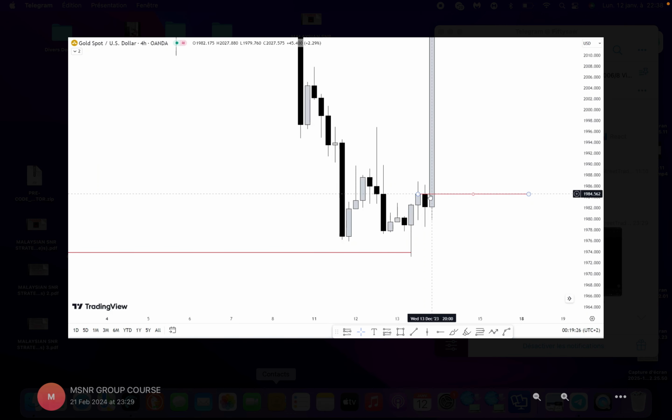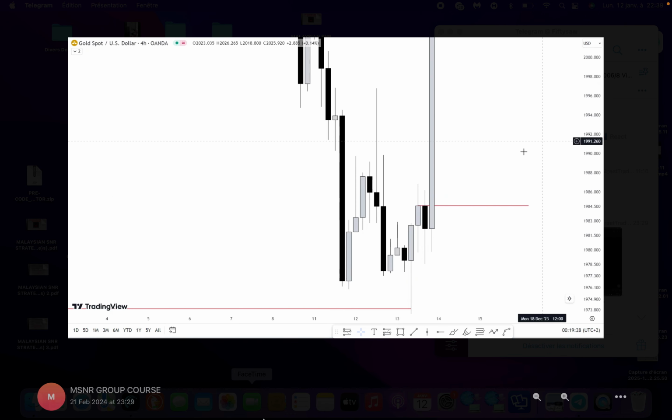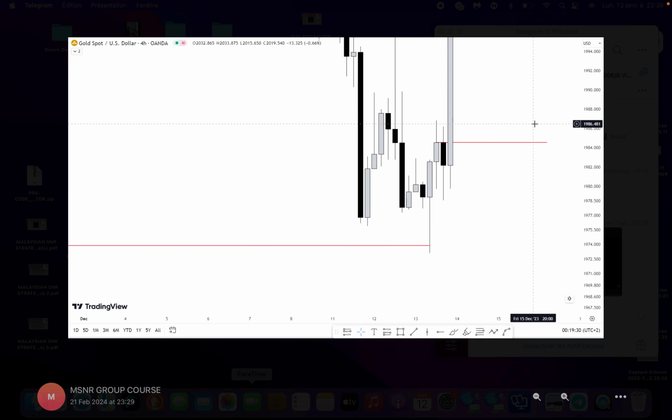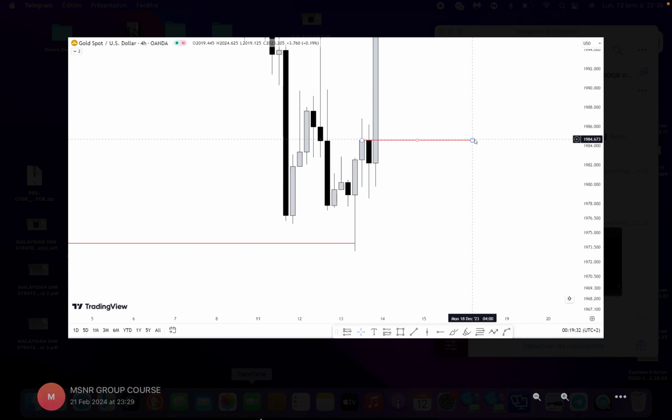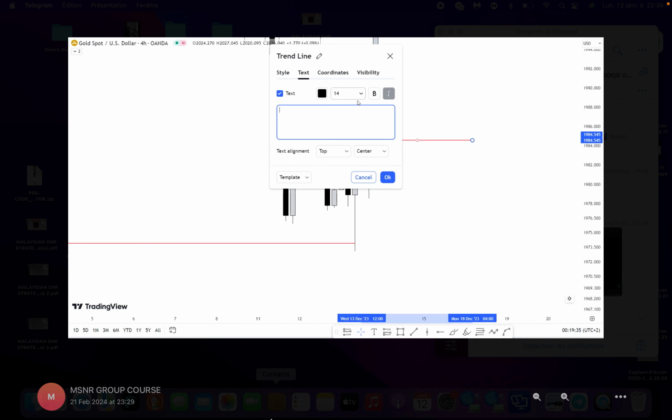It creates an area of resistance. We broke above that area of resistance, right? We broke above it, then it now becomes support, right? So before the engulfing, it was resistance, right?